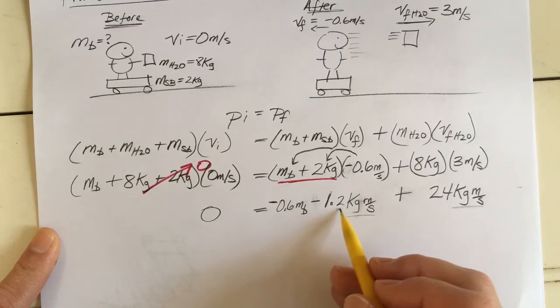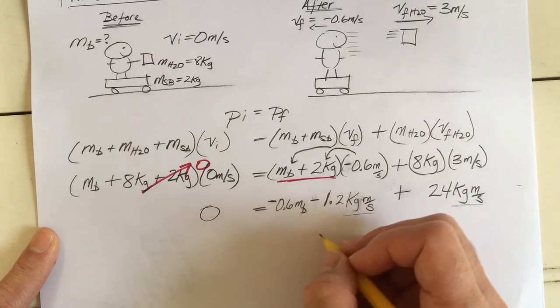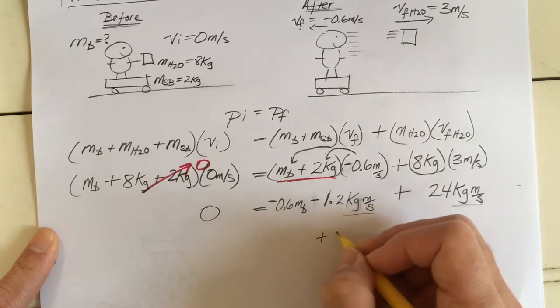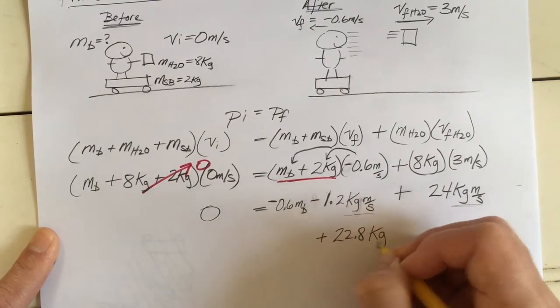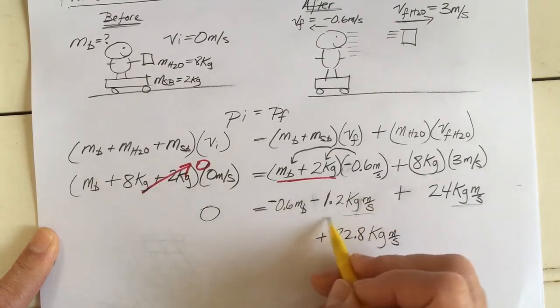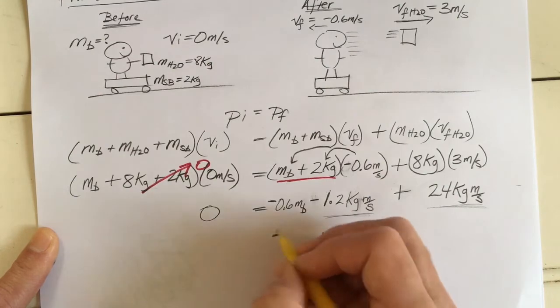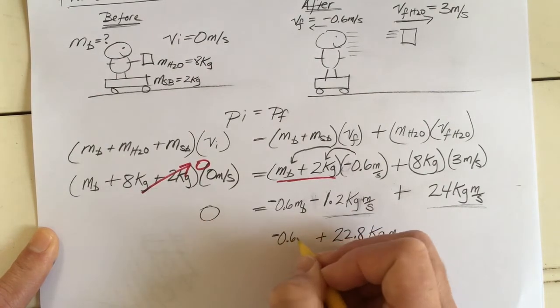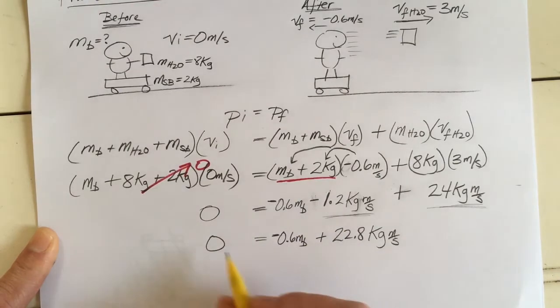But 24 minus 1.2 is 22.8. So we're going to end up with a positive 22.8 kg meters per second when we combine this with this. And we still have this hanging out in front. All right, we'll kick that over to the other side.